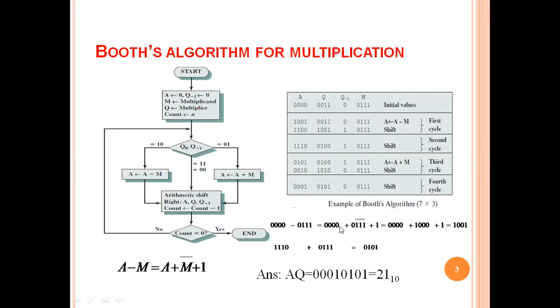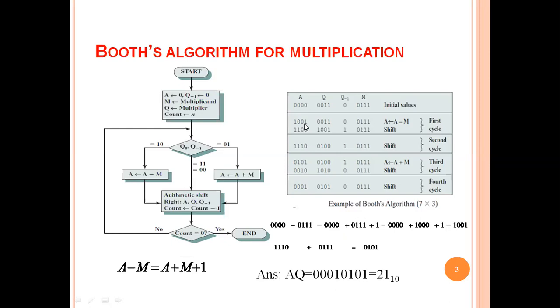So 0, 0, 0, 0, and we have to take the bar of 0, 1, 1, 1, plus 1. So it will be the 2's complement. We add this 2's complement with this number. That means with this minus this, we are doing this. So this is the complement plus 1. Ultimately, we get 1, 0, 0, 1. So if I do this operation, A is equal to A minus M, the final value of A will be 1, 0, 0, 1.